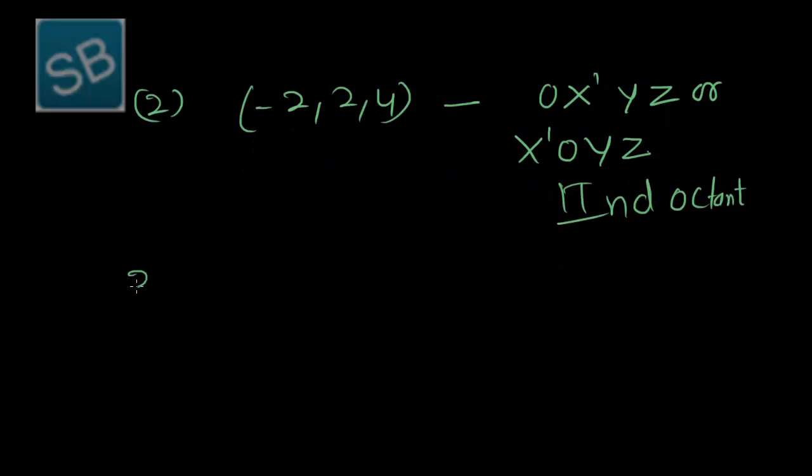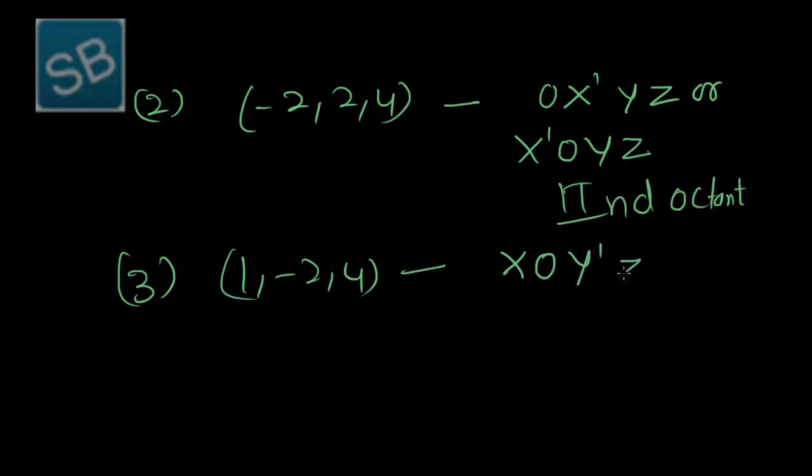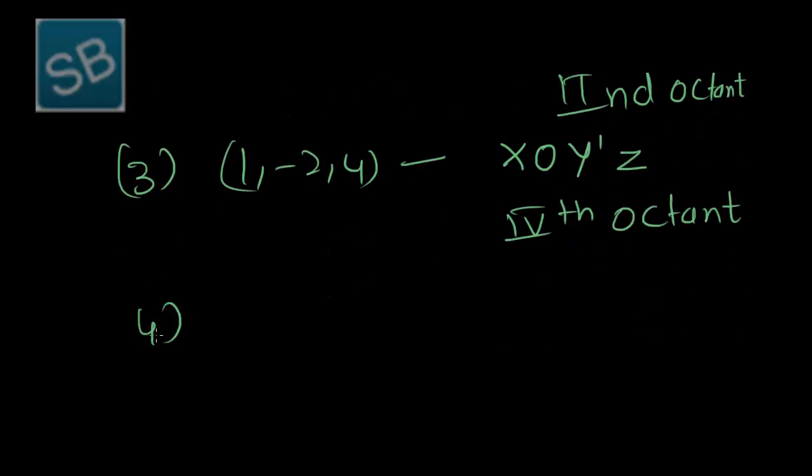Now the third one is (1, -2, 4). This is XOY'Z. That is our fourth octant. And the last one is (-2, -2, -4).